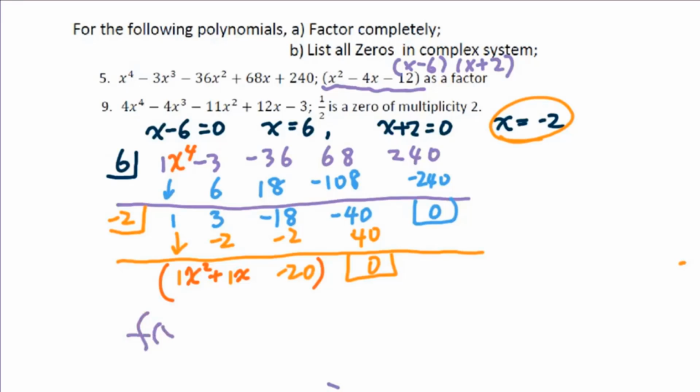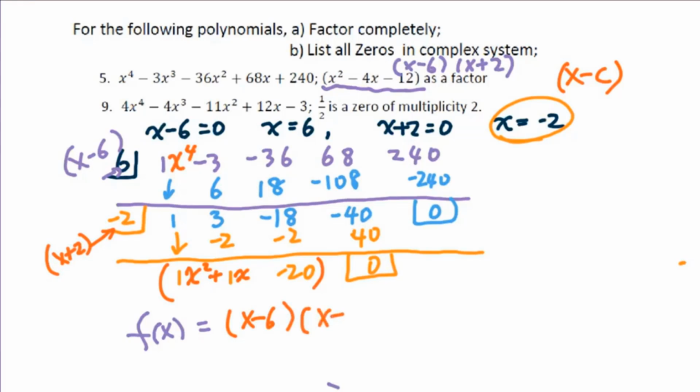Therefore, f of x equals, from here we got x minus 6. Remember always x minus c is a factor. So from here I got x plus 2. x minus 6, x plus 2, then times x squared plus x minus 20.